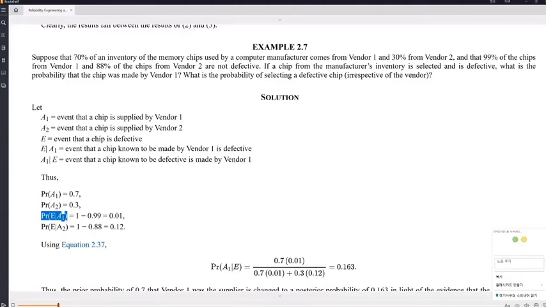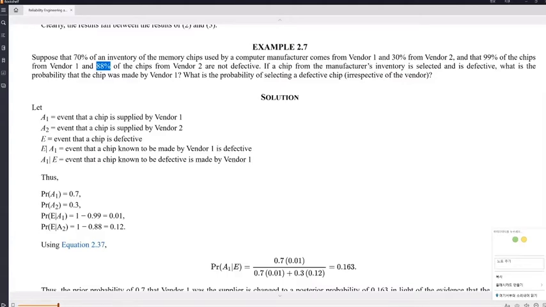Similarly, this would be the probability that a chip is defective when it is provided by vendor 2, and its probability was 0.12. Because 88% was okay, that means 12% will be defective. So we have these probabilities.